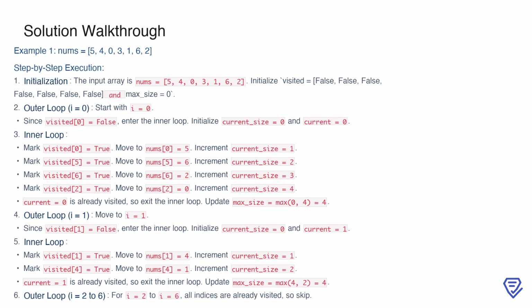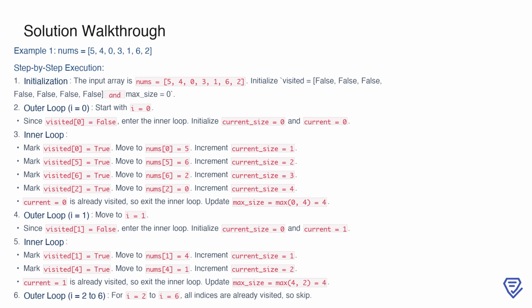Here, current_size is initialized to 0, and we set current to the value of I, which is also 0. Inside the inner loop, we mark visited[0] as true, move to the value at nums[0], which is 5, and increment current_size to 1. Repeating this process, we mark visited[5] as true, move to nums[5] equals 6, and increment current_size to 2.